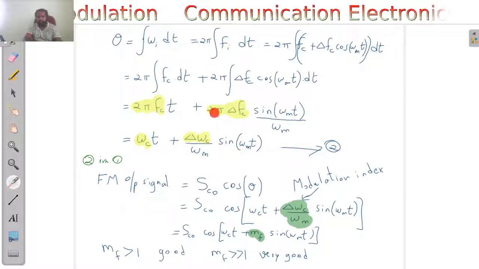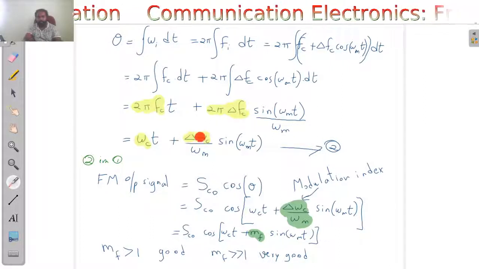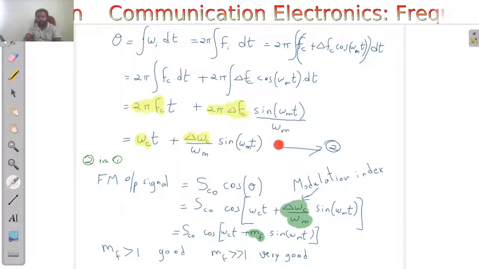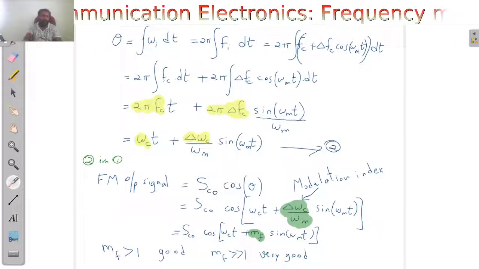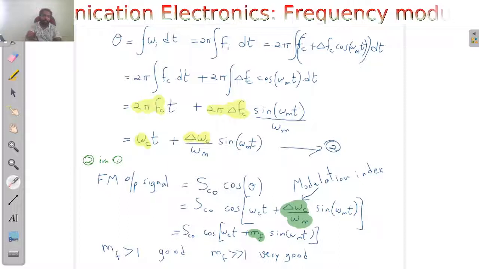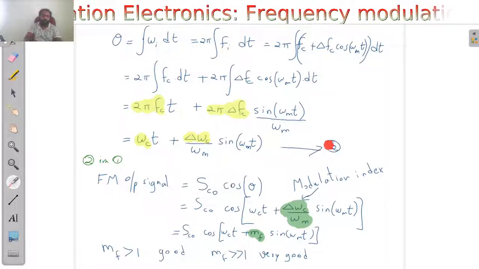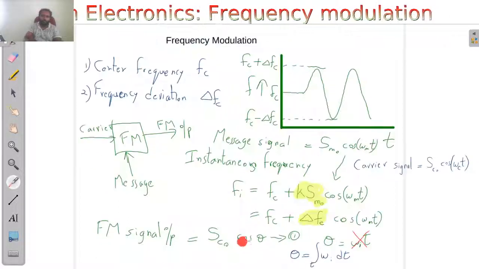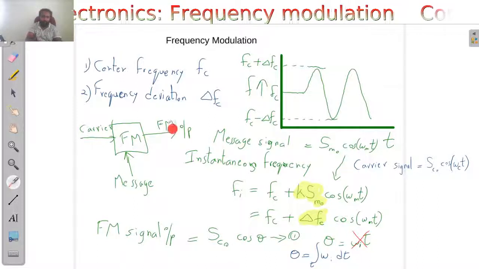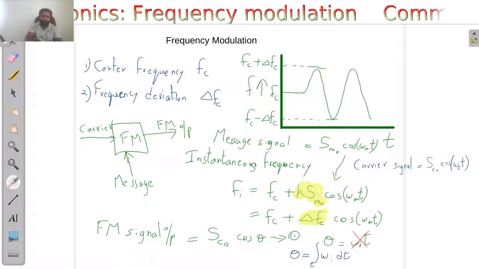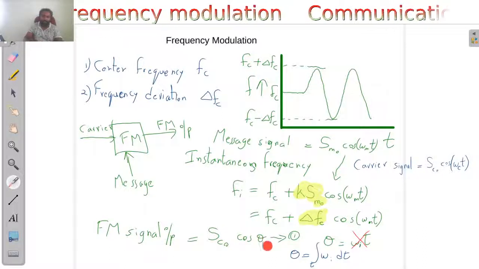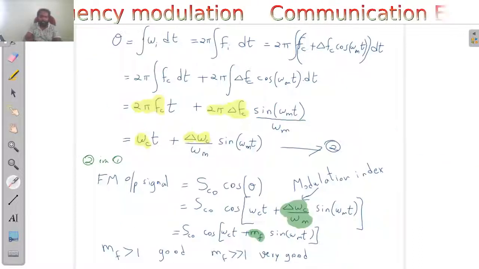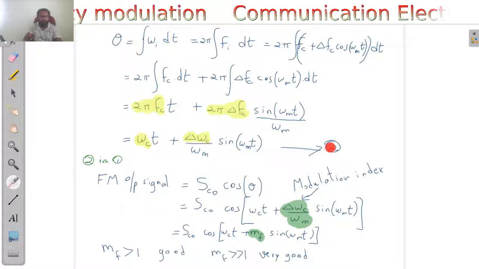And 2 pi delta fc, I can write as delta omega c. This is equation 2, representing theta. So I can substitute equation 2 in equation 1, that is the output of this modulator, the FM signal output, that is SC0 cos theta. Instead of theta, I will be putting this equation.